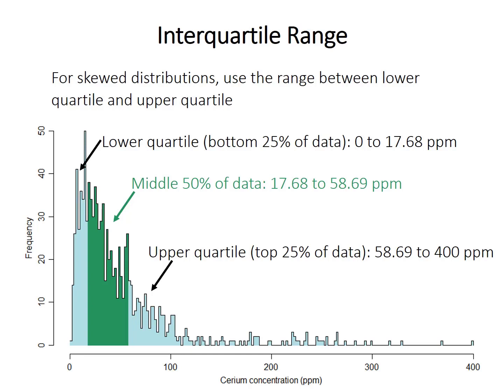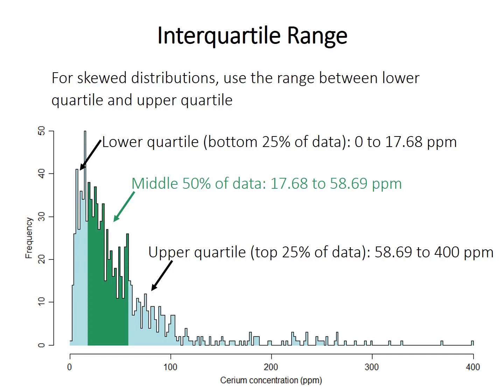Any data set can be divided into four quartiles: the lower 25%, the second 25%, the third 25%, and the upper 25%. The interquartile range is just the range spanned by the middle 50% of those data points, which is the dark green shading in this histogram.